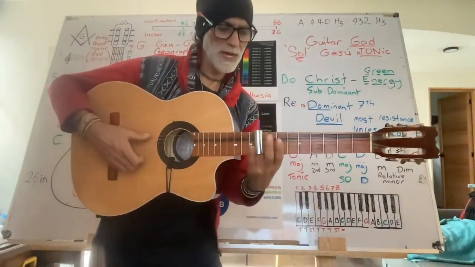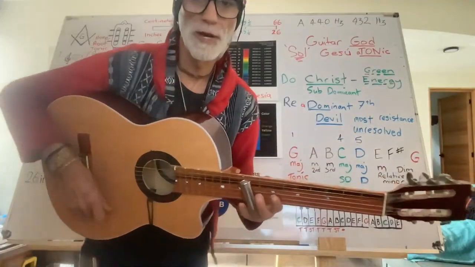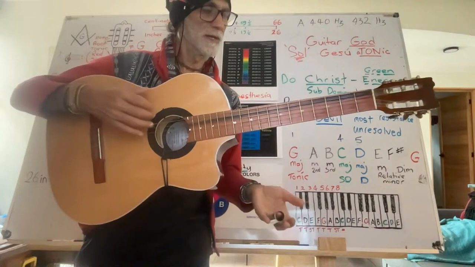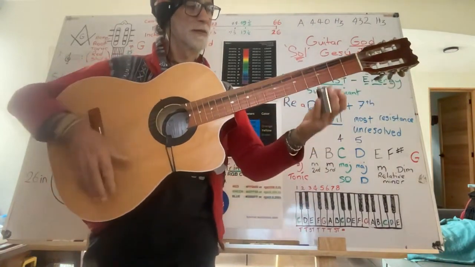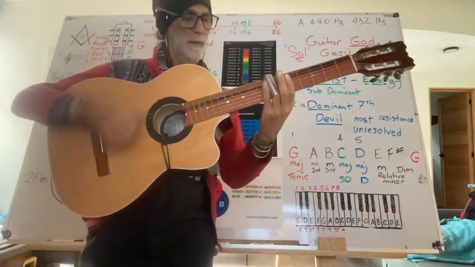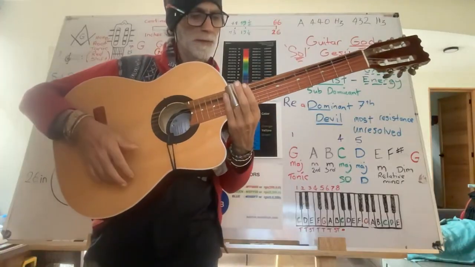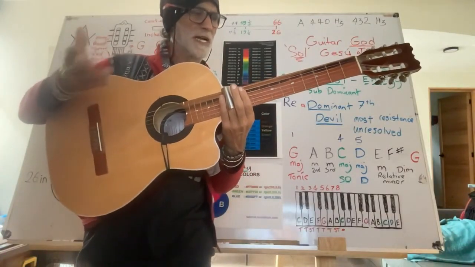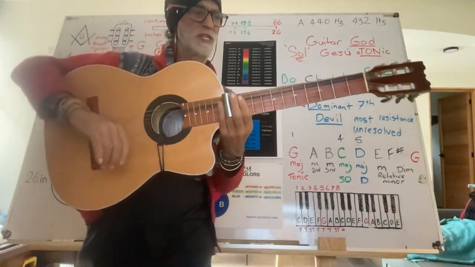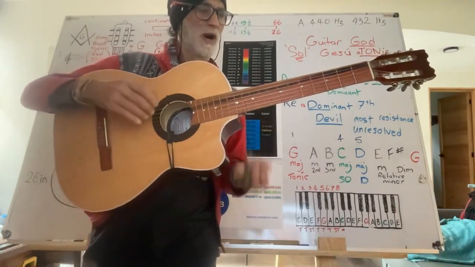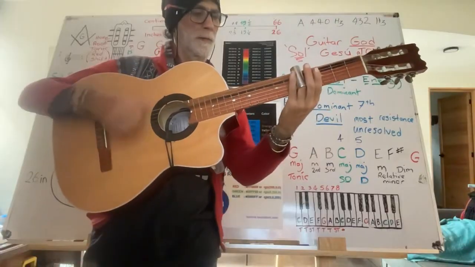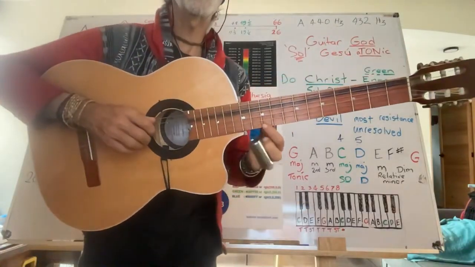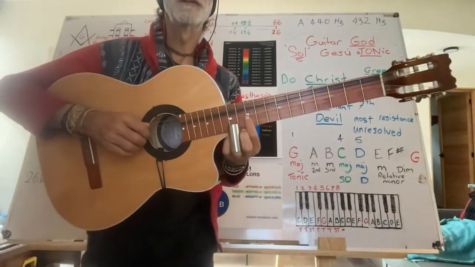It sounds better than going to that, where the dot normally is. That sounds like this. Sounds more majory, different mode, but this is definitely minor pentatonic. Okay, so that's why I put the dot here for you.